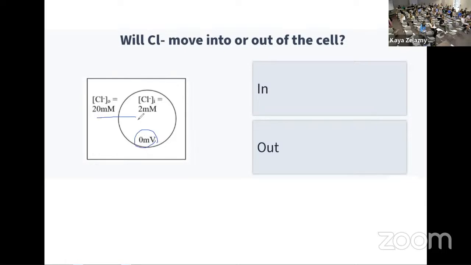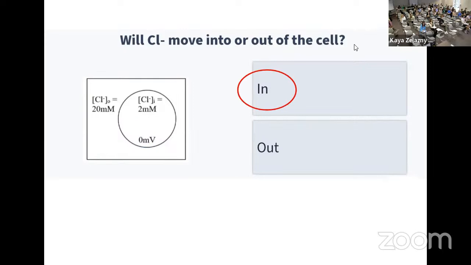So our ECDF will just point with the concentration gradient. It goes in. Okay. But if we were to have a positive charge like we did before, right, so we had positive 50 on one of the previous examples, that would create a pull on the chloride towards it.